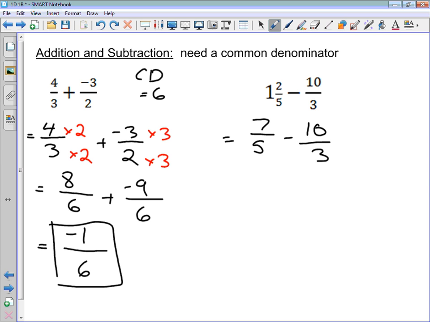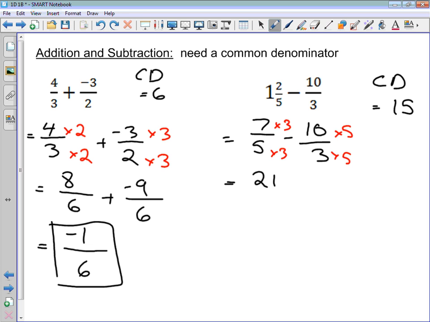All right, we need a common denominator. What should we use as our common denominator here? Hannah, 15. Okay, so we're going to have to multiply by 3 and by 3 in our first fraction, by 5 and by 5 in our second fraction.